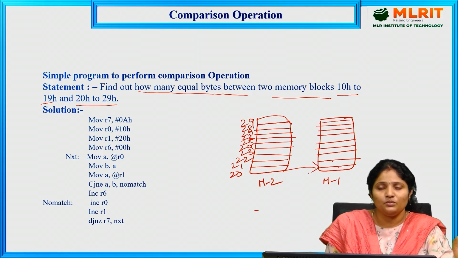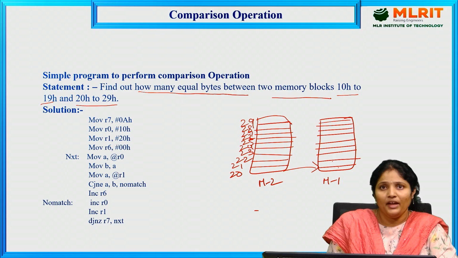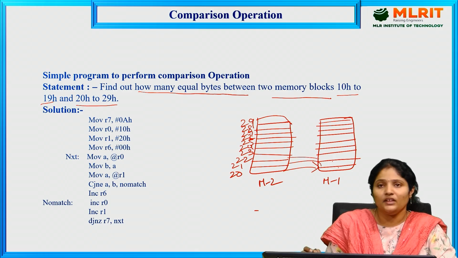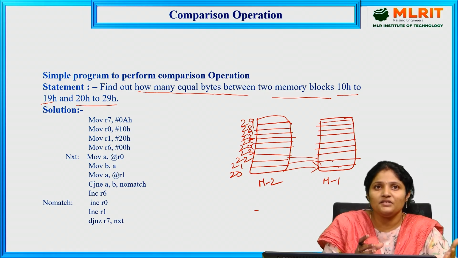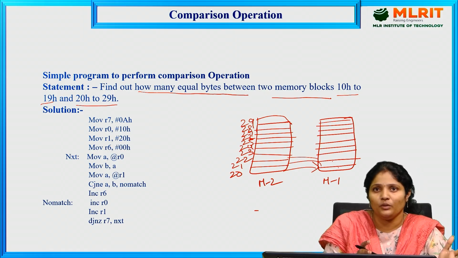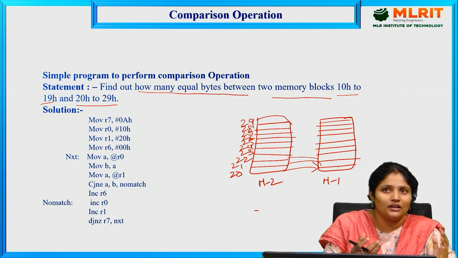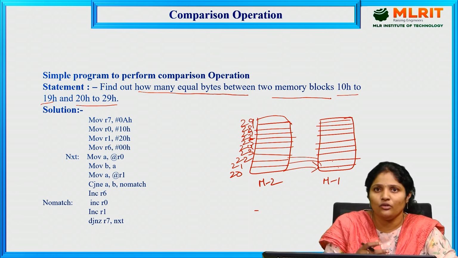If it matches, we need to keep track of the matching bytes. How many times does this comparison need to be performed? There are 10 locations in memory 1 and 10 locations in memory 2, so 10 comparisons.